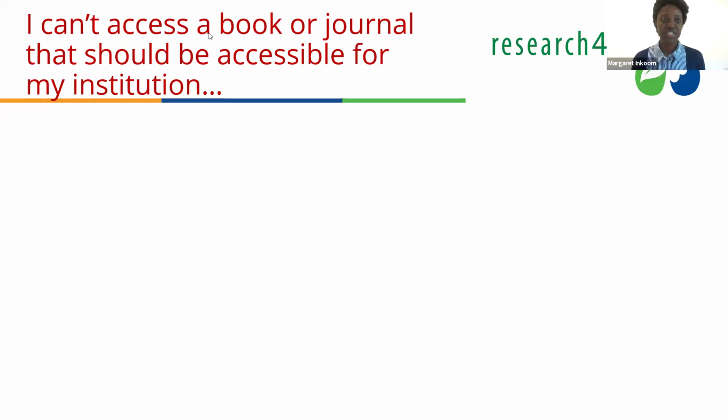We have the question: I can't access a book or journal that should be accessible for my institution. Essentially, the Research4Life platform is to help you get access to content that the publisher has offered.